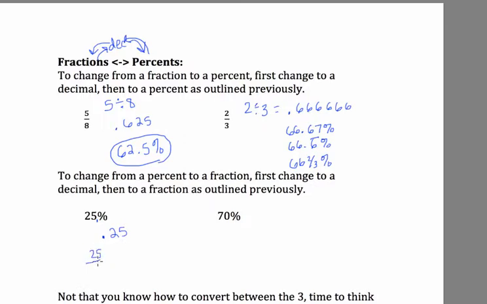So write it as a fraction, 25 hundredths. And reduce, 1/4. 70%, change to a decimal, 0.7. Change your decimal to a fraction. That's 1 decimal place, that's tenths. So we have 7 tenths.